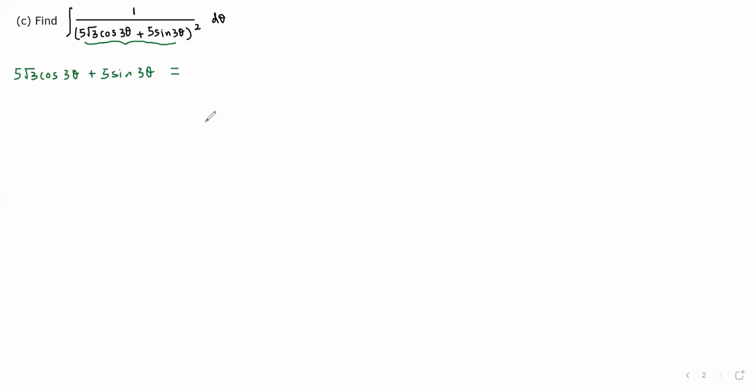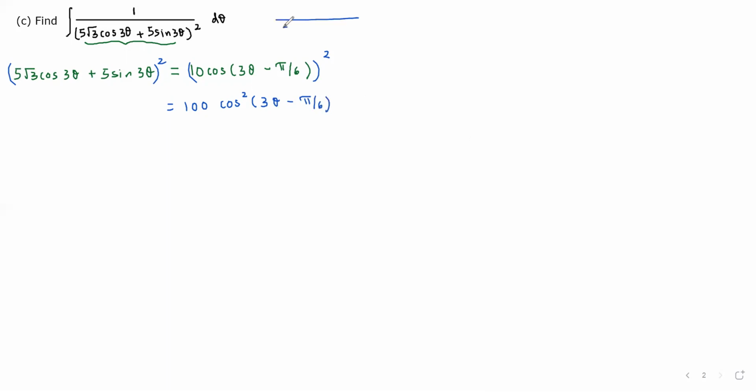So we replace the x with 3 theta, and we have 10 cos(3 theta minus pi over 6). And since you have a square of that, we just square this and that. That will give us 100 cos squared(3 theta minus pi over 6).